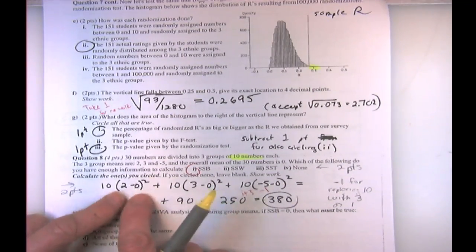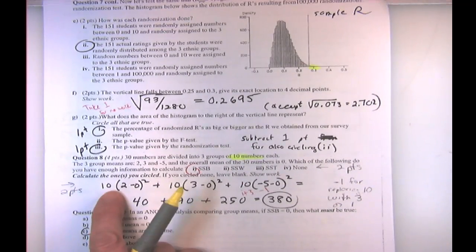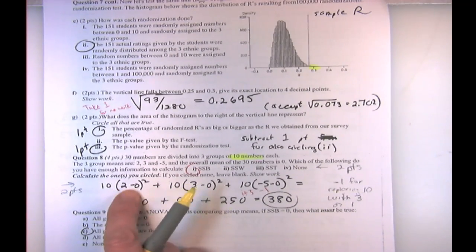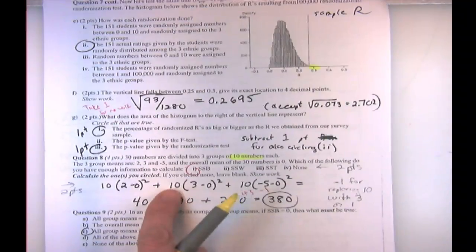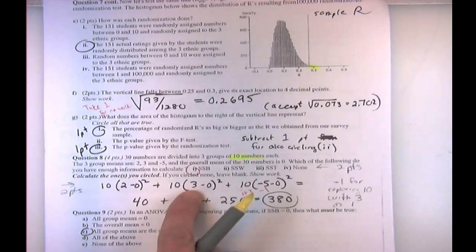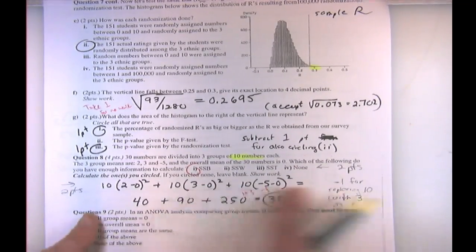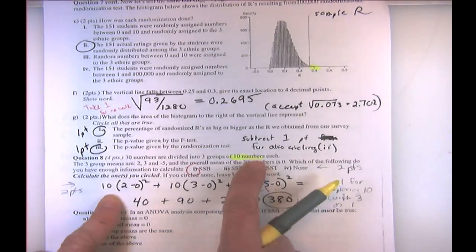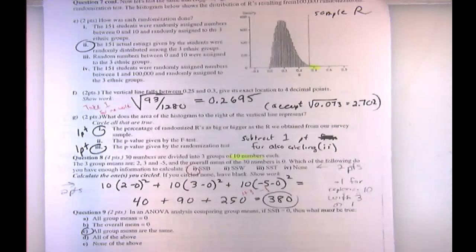For each of the 10 numbers in this group, it has the same predicted value of 2, the group mean minus the overall. That's why we're multiplying by 10. Same for this group. For each one of them, it has a predicted mean equal to its group mean minus the overall mean. So people put 3 here. I don't know if it was a careless mistake or not, but it should be the number in each group.